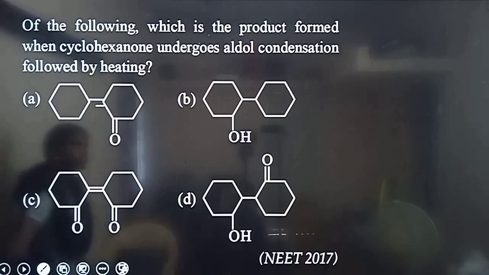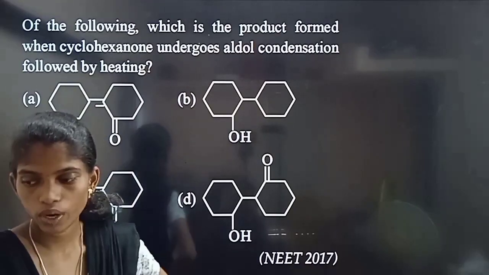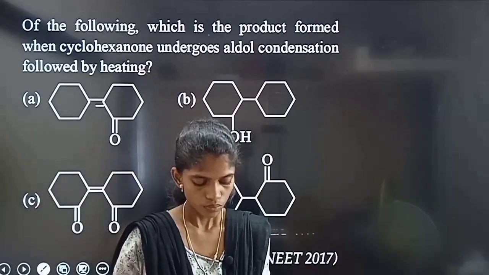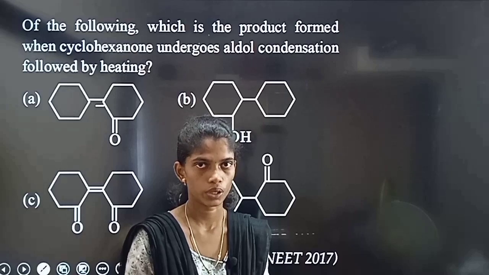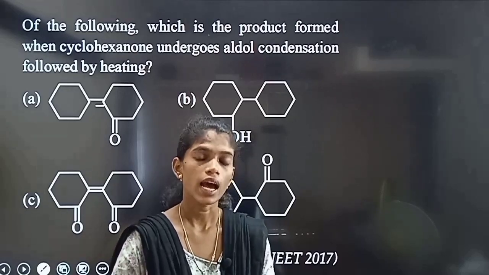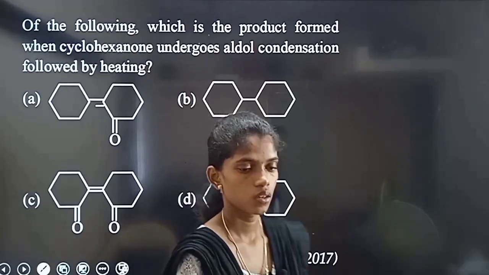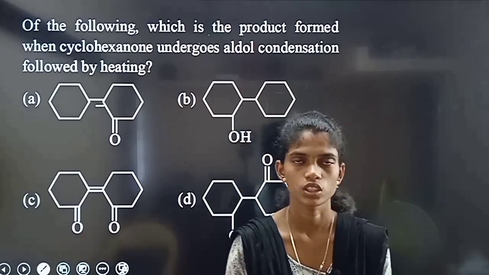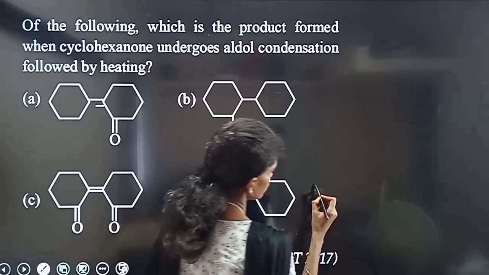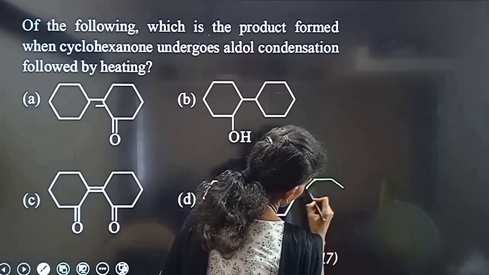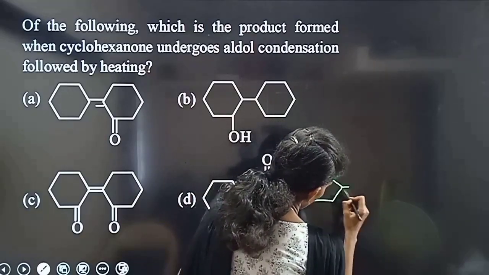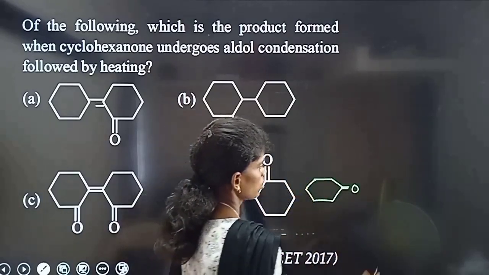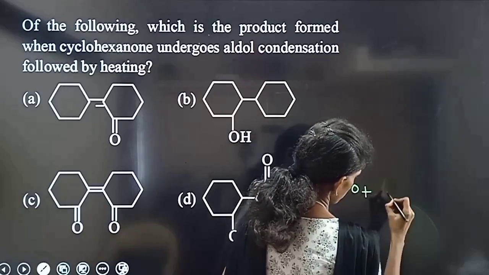Of the following, which is the product formed when cyclohexanone undergoes aldol condensation followed by heating? So aldol condensation happens within the same compound. It is a condensation process for carbonyl compounds that have alpha hydrogen, that is aldehydes or ketones. So here our reactant is a ketone, that is cyclohexanone, undergoing aldol condensation.